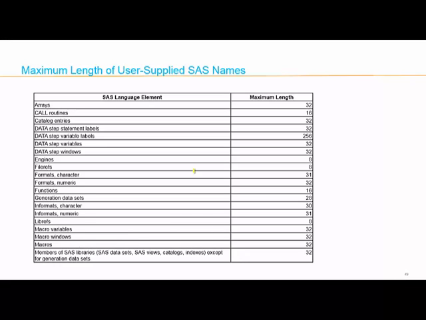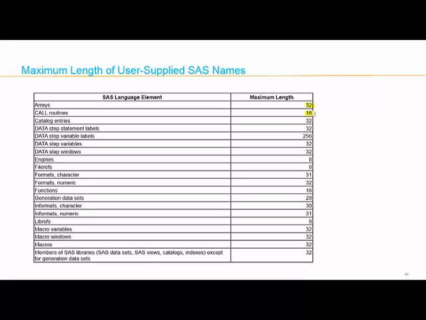Next, the variable name, dataset name, library name, or array name that you're going to declare or use in SAS has a certain limit for its size. When you create an array in SAS, the array name cannot exceed 32 characters.